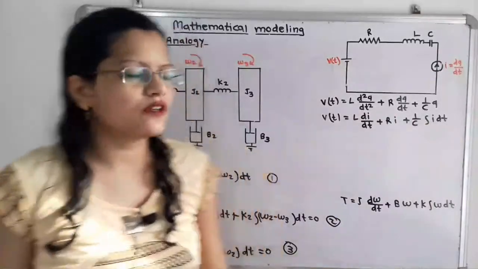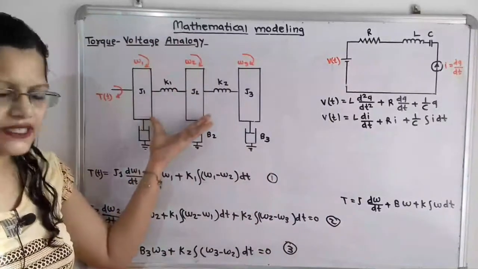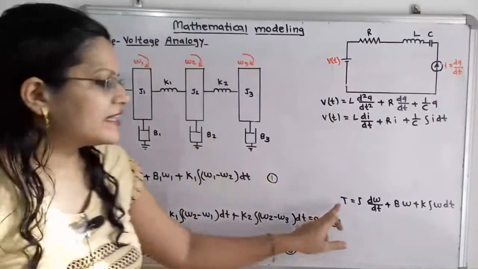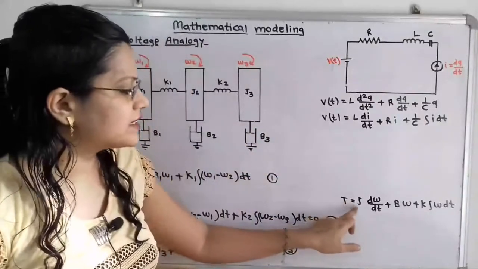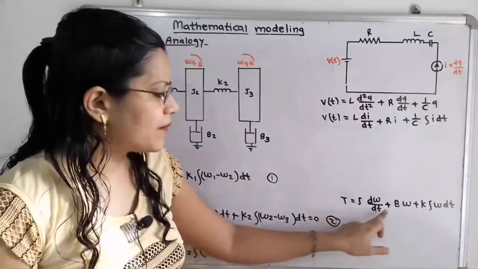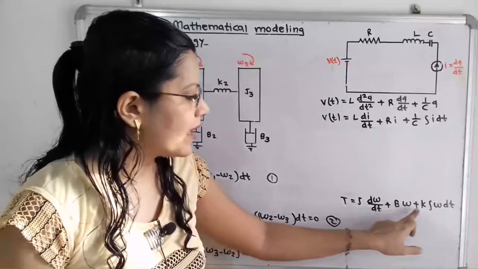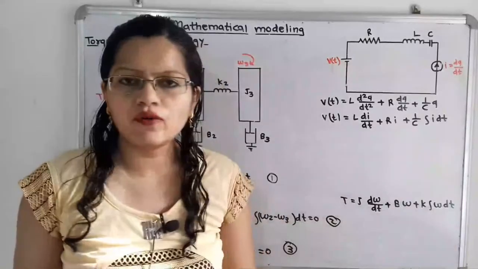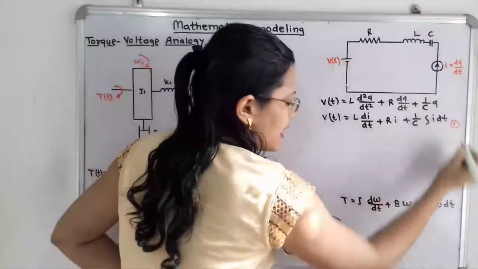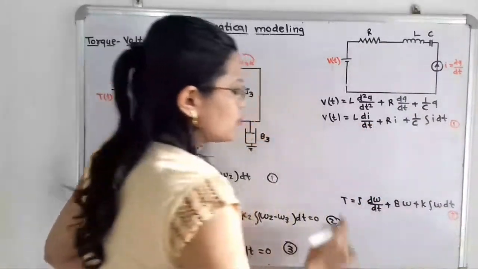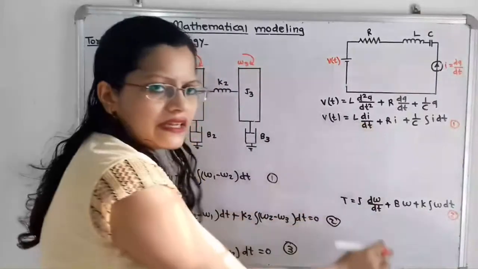Now if we observe for the given mechanical system, the equation in terms of torque and angular velocity omega is T is equal to J d omega by dt plus B omega plus K integration of omega dt. Now I will give here this equation number 1 and for this equation number 2. Now we will compare the elements.